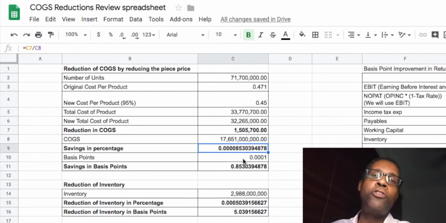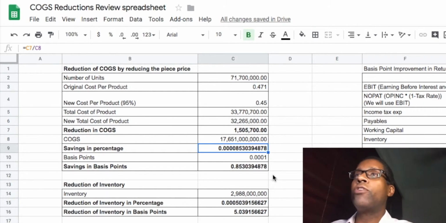So basis points lets you have a better way of saying what would have been the alternative. I can improve your business by 0.0x%. That doesn't quite sound as good as if you can have a whole number with basis points.